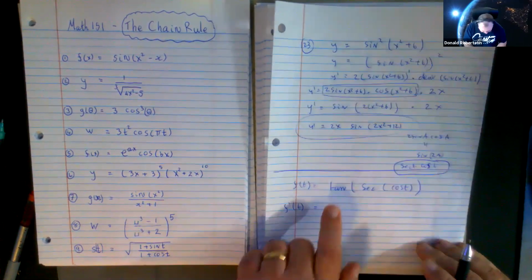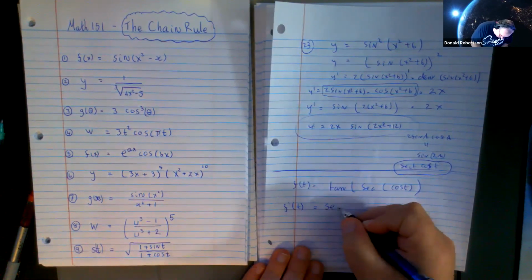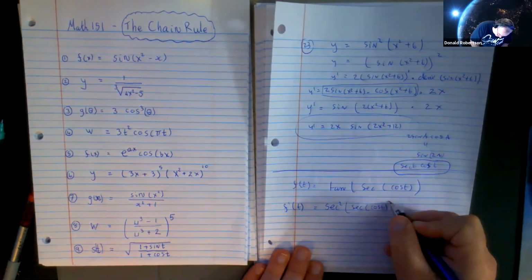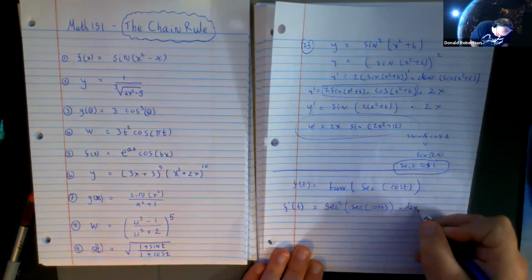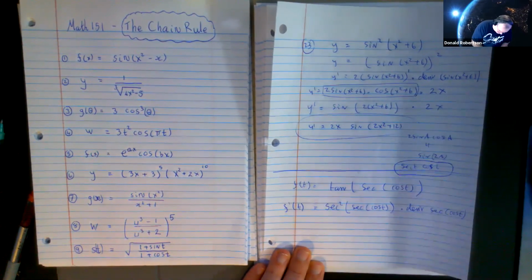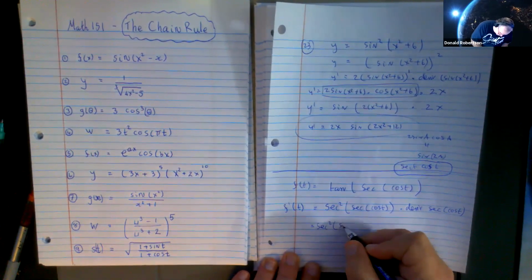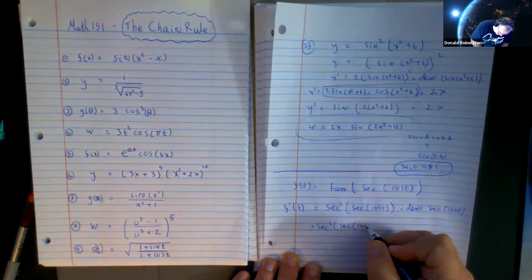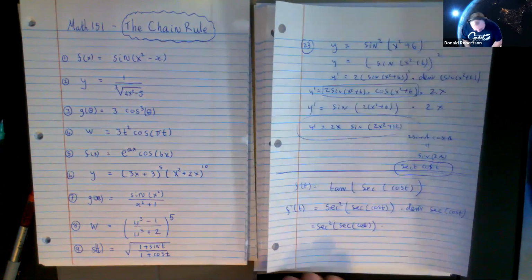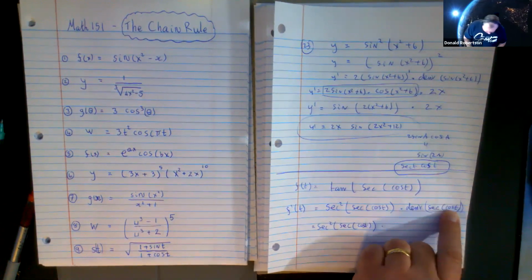It's a tan of something. So the derivative is the secant squared of that something times the derivative of that something. So that's one shell of the Russian doll. Now let's focus on the derivative of the secant of something.